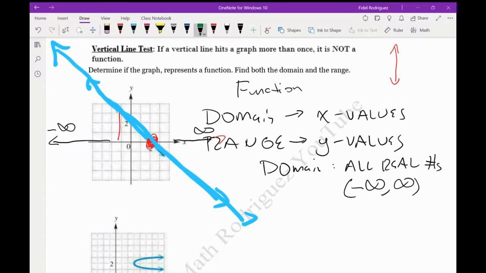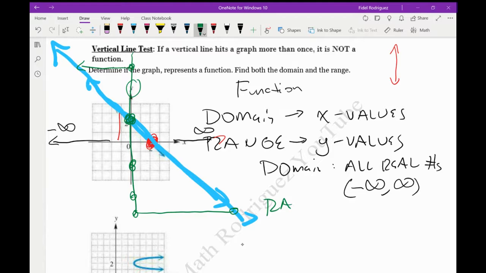Now I'm going to do something very similar for the range. So the range refers to the set of the y values. So the idea here is if I were to look at this line here, obviously right here I'm already hitting the graph. But if I pick any point lower, no matter how far low I go, if I go to the right, I'm going to hit my graph. And if I go up and I go to the left, I'm going to hit my graph.